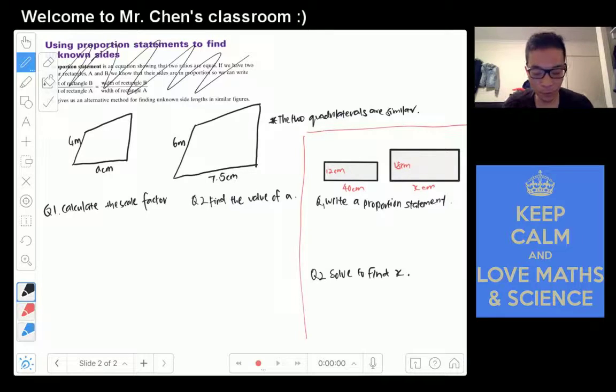I want you to look at the two quadrilaterals. The two quadrilaterals are similar, and we can see on the small one there is an unknown a that you need to solve. But on the large quadrilateral, we have both values.